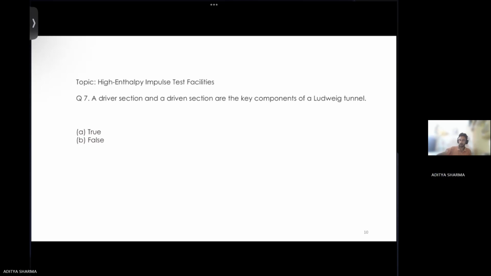The gas from the storage tank leaves into the nozzle, the CD nozzle. So there is no driver or driven section in our Ludwig tunnel. So this statement is a false statement.